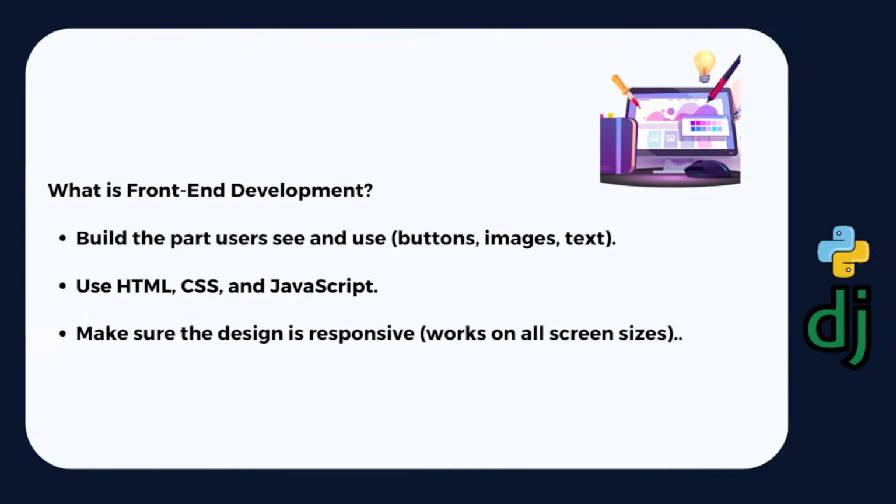We need to design properly. That is called responsive. Responsive means every screen will adapt to our website, so it works on all screen sizes. Based on these things we create the front end parts, using HTML, CSS, JavaScript. That is front end development.